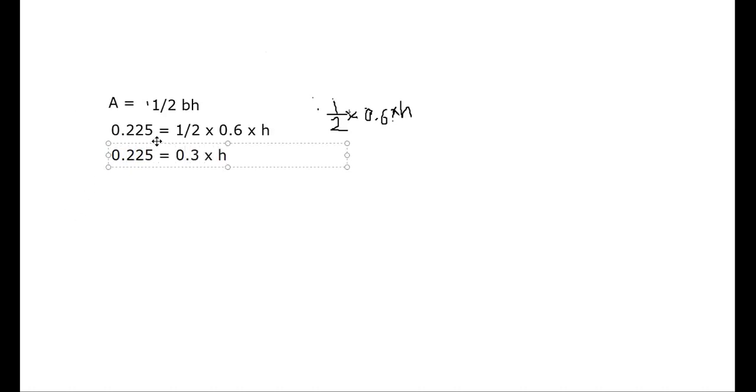Now what do we have to do? Of course we need to divide 0.225 by 0.3. Now how are you going to divide? First let's write the question properly. So you will have h equals 0.225 divided by 0.3.